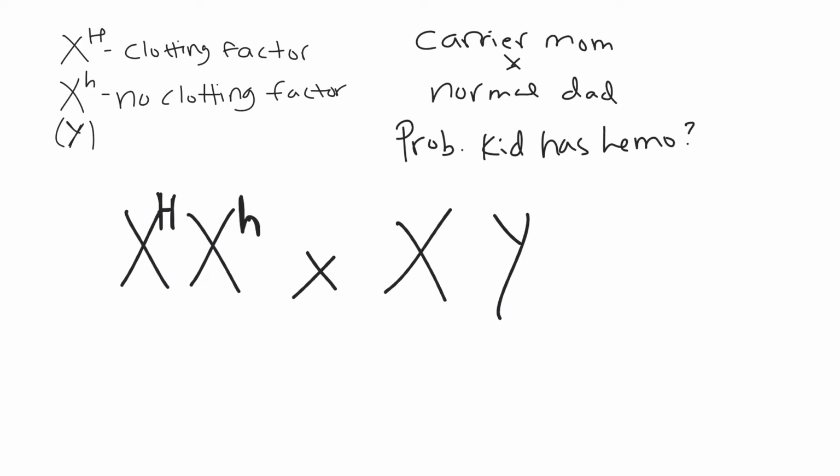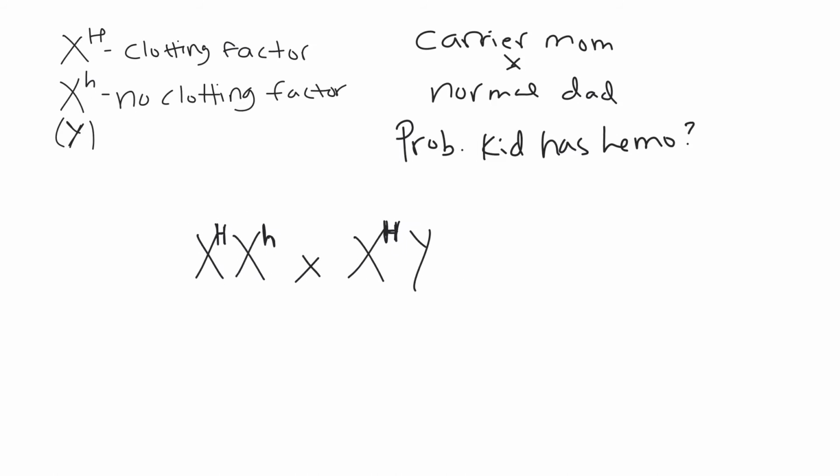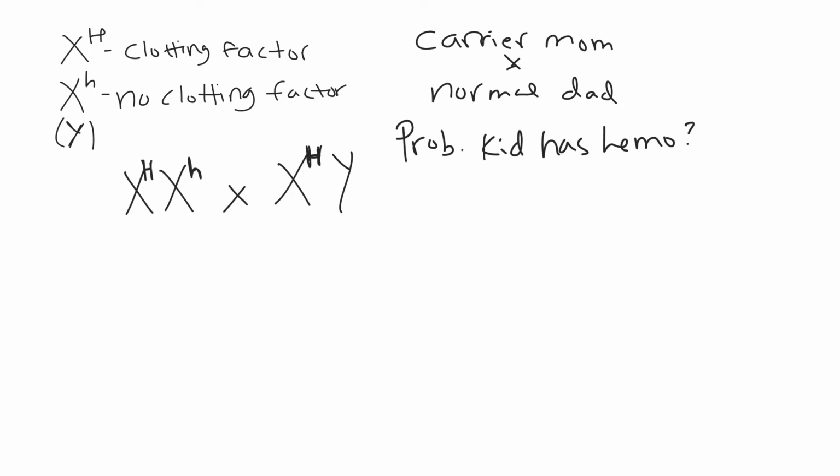And then the father, we know what he is because he only has the H gene on his X, and he's normal, so he must have a single copy, call that hemizygous for the H, and he has the big H version.